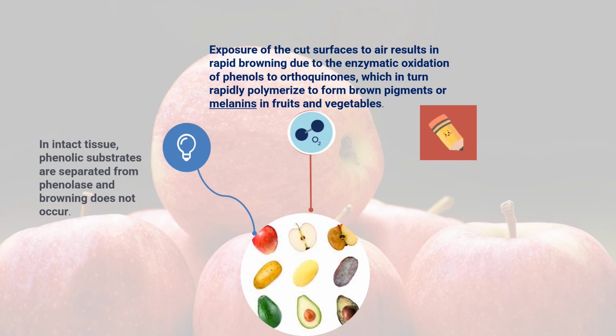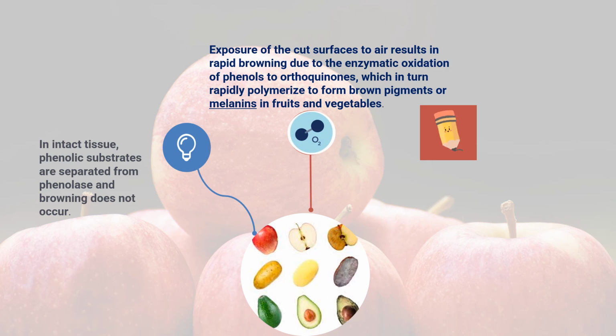During the exposure of the cut surfaces, as I mentioned earlier, whenever there has been damage on the surface of the fruits, showing a small opening or a small cut or a bruise, or when there is peeling, exposure of the cut surface to the air results in rapid browning due to enzymatic oxidation of phenols to orthoquinones, which in turn rapidly polymerize.